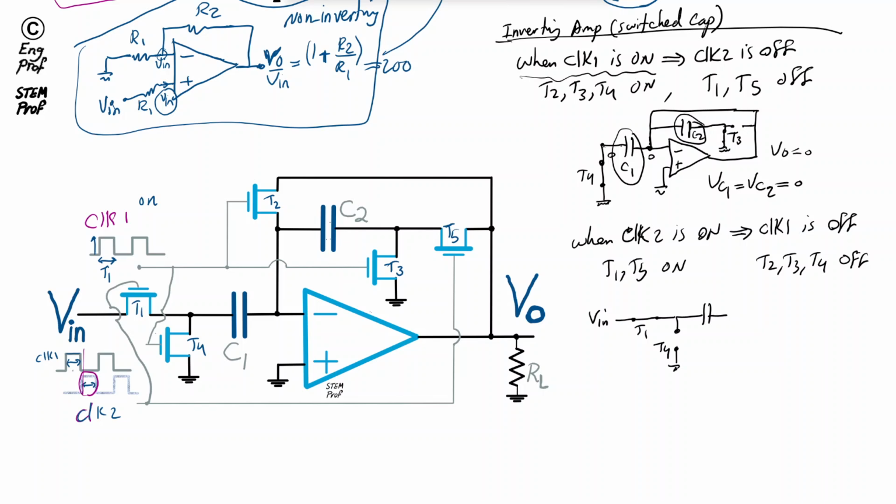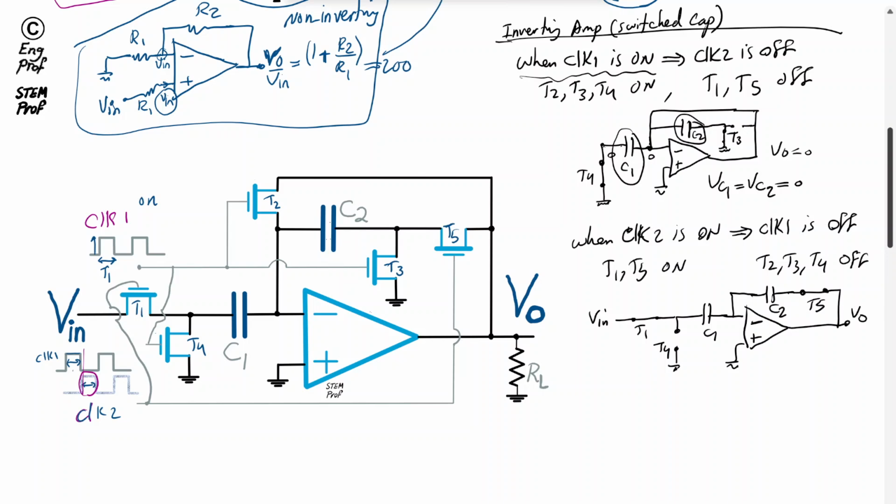We have C1 connected to the input negative terminal of the ideal op-amp. With the same argument, T2 is open, T5 is shorted, while T3 is open. So the circuit simply looks like this: C2, switch T5, and then Vout.